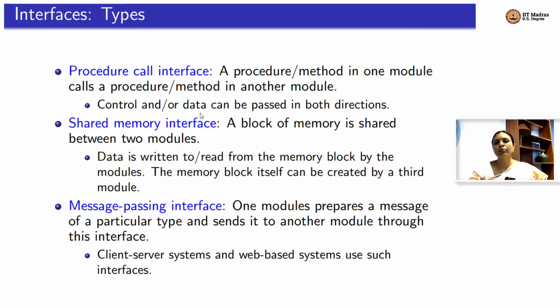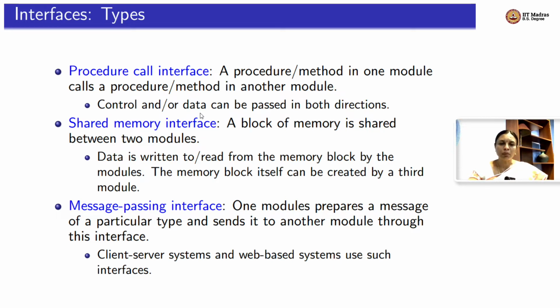So A calls B by passing 2 parameters X and Y, and B does some computation on them, and B returns the value which A receives. So this is what we call procedure call interface. And when A calls B, control is passed from module A to module B. The parameters that are used in the call are the data that is passed from module A to module B. When B finishes executing, B returns values back to A. So control gets transferred back to A, and the data also gets transferred back to A.